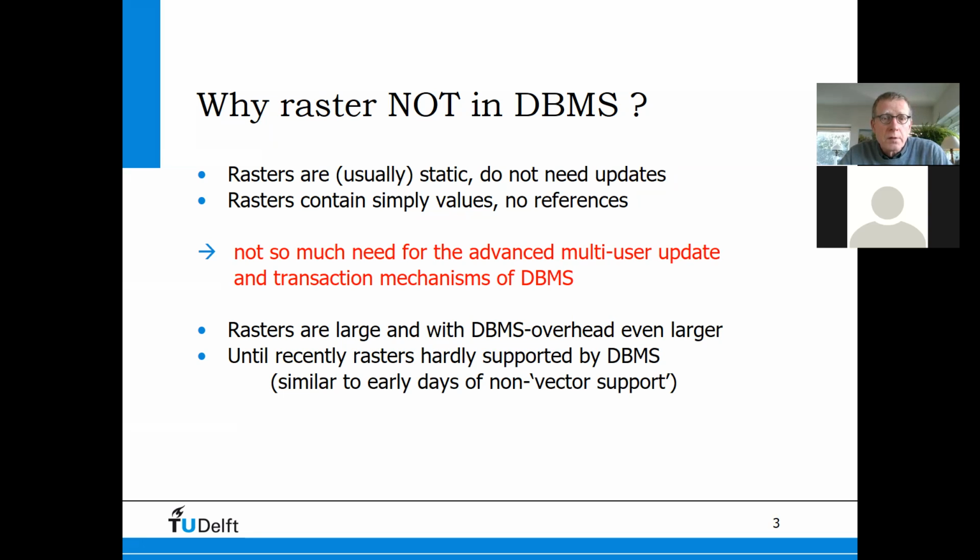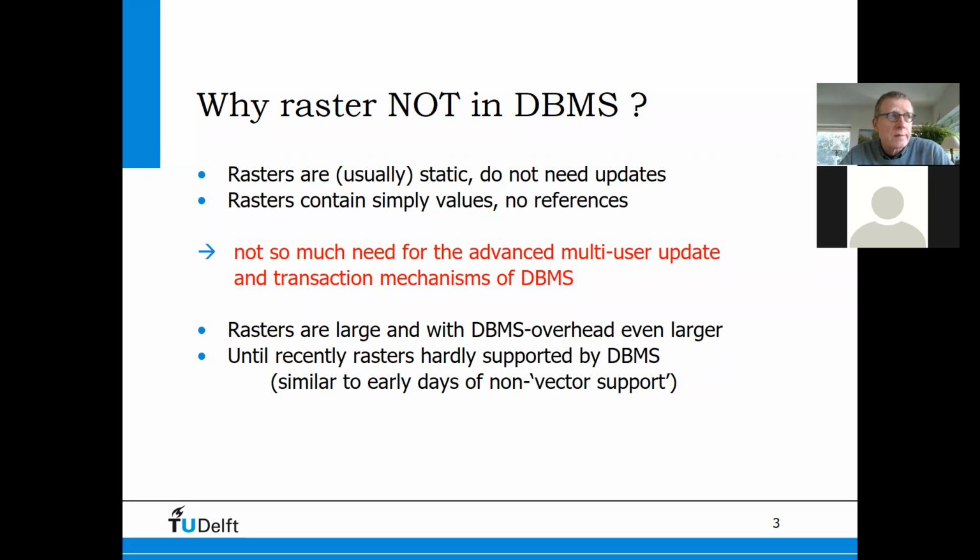Rasters are by nature rather large. If you have a high resolution image of satellites or aerial imagery, they are really large data sets, many gigabytes, even terabytes if it's nationwide. And yeah, the support of raster data is not that well, and you can compare it to vector data, and the conclusion is that raster data is at least 10 years lagging behind in database management support.